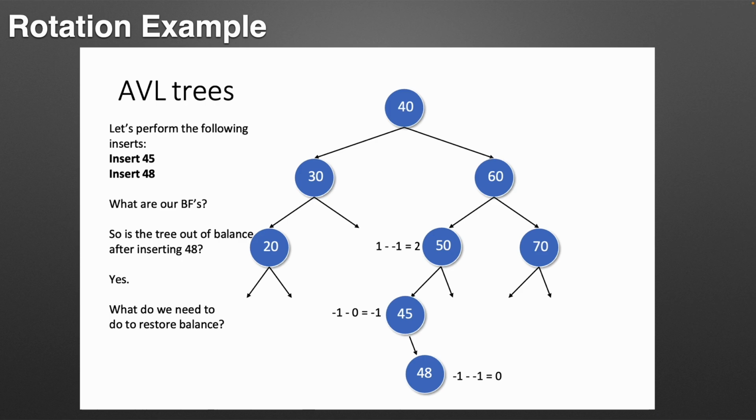Even though we put 0 for that one? Yes, because this is the balance factor for 45, which first asks what is the height of its left child, no left child, -1, minus the height of its right child, and the height of 48 is 0.